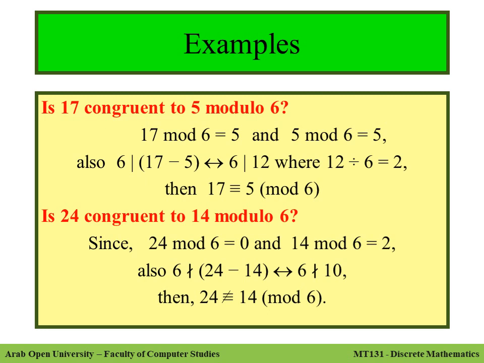When we showed that 24 mod 6 is different than 14 mod 6, this would have been sufficient to say that 24 is not congruent to 14 mod 6. And the usual way to negate the statement 24 is congruent to 14 is 24 is not congruent to 14, and we use the same symbol for congruence, but just cross it as we usually do.